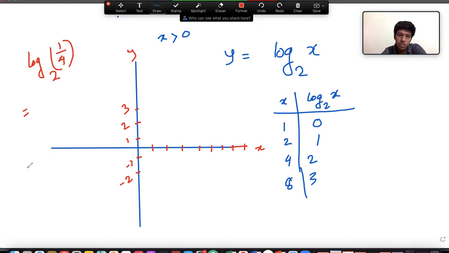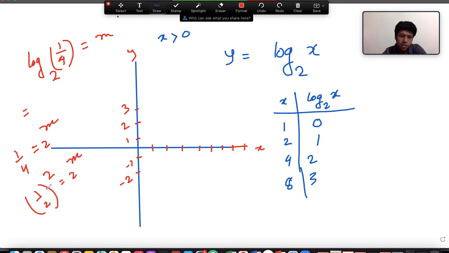This equals to what? 2 to the power what equals to 1 by 4. If it looks difficult to calculate, what you can do is, suppose this equals to what, we do not know, this equals to say m. So m equals to, we'll try to find out, that means 1 by 4 equals to 2 to the power m. Okay, so this is actually 1 by 2 whole square equals to 2 to the power m.